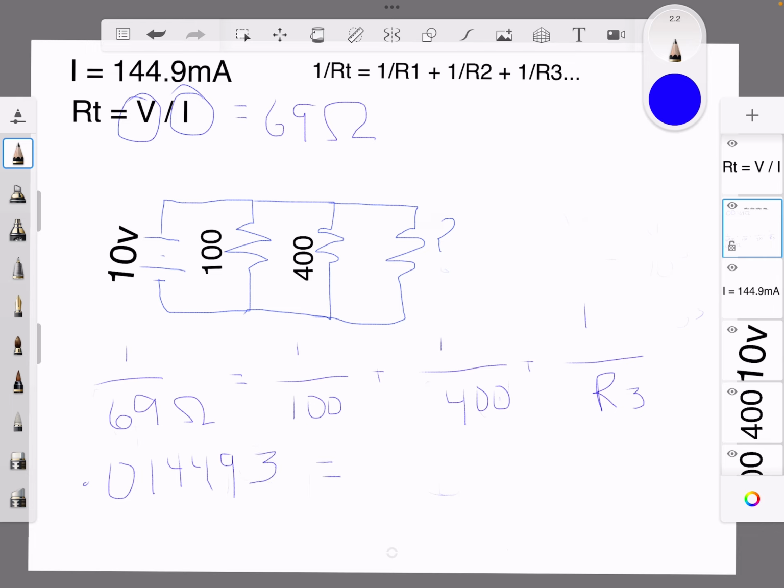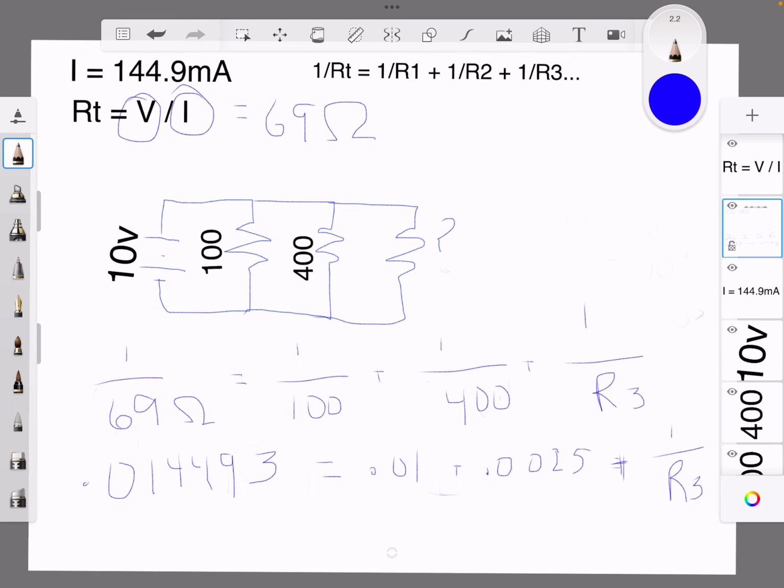Equals 1 divided by 100 is 0.01 plus 1 divided by 400 is 0.0025, plus 1 over R3. Now that is our unknown that we're looking for.